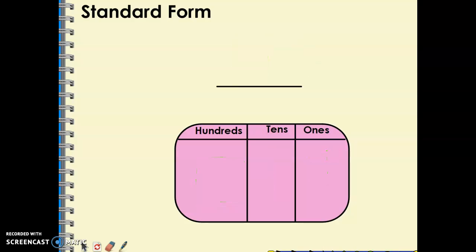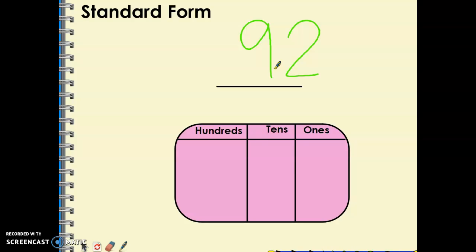Let's see if we can try another number. Clear the board. I'm thinking of a number and it is, let's see, 92. In this number, there are no hundreds, so I do not put anything in the hundreds place. I look at my tens place, I have 9 tens. That's a lot.